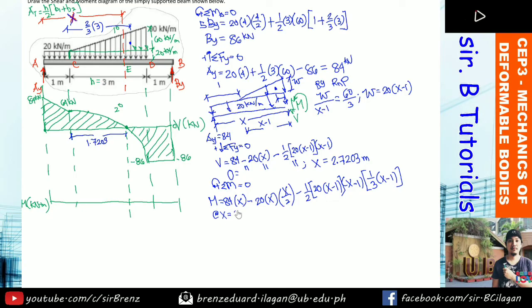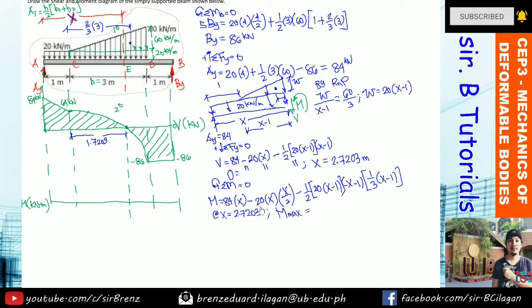So, at x equals 2.7203, our maximum moment, Mmax, is equal to, input it here, guys. Substitute it here. So, that will be 84 times x, and then minus 20x squared divided by 2, and then at the end, I'll change the squared to a cube and divide by 3.